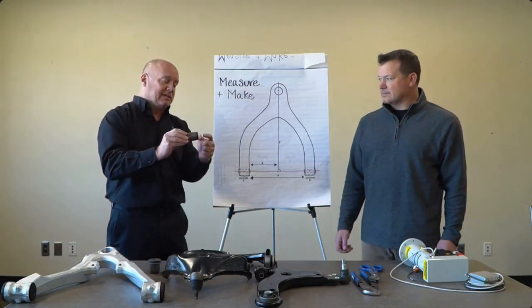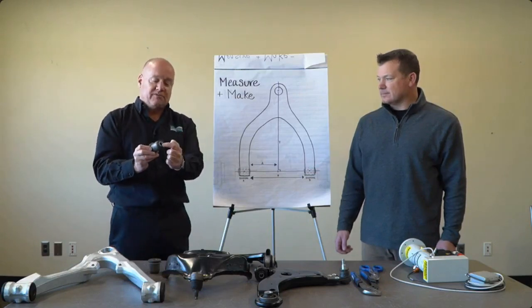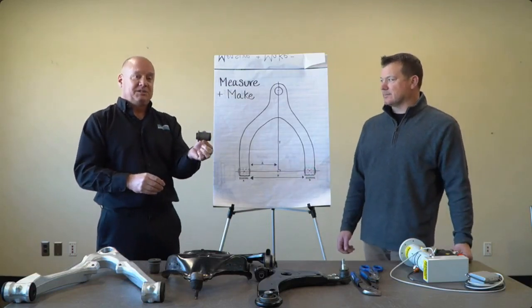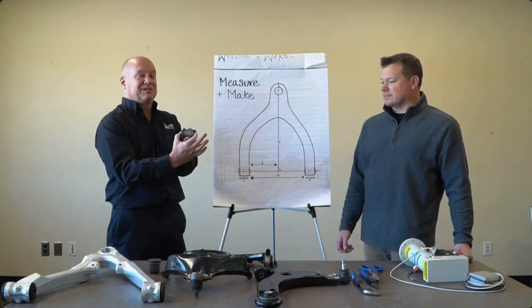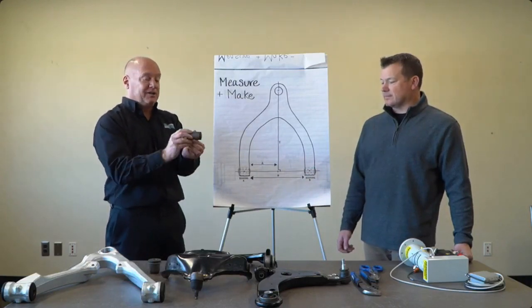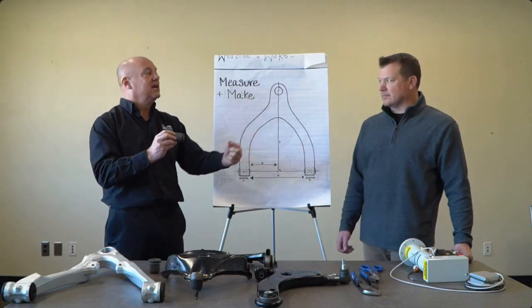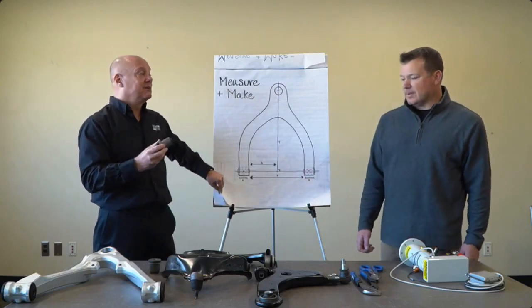The problem is nobody cares where that outer can's at. The important dimension is off this face of this pin here, and the tolerance on these bushings are all over the place. These pins are maybe plus or minus 2 millimeters, and then you're pressing two of them, so you have a stack up tolerance of plus or minus 4 millimeters, and you're trying to press them to within a half of a millimeter.